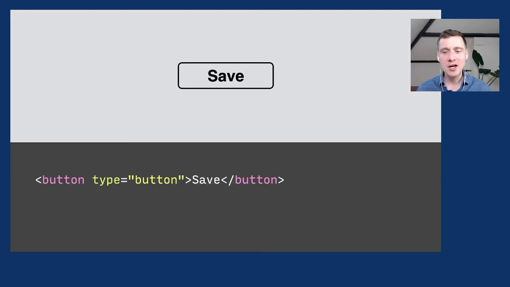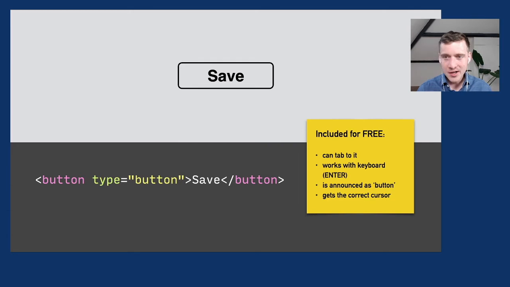Now using a button for something like save comes with a lot of benefits for free. For instance, you can tab to a button. Buttons work with keyboard, which means you can press enter and submit or activate them. They are announced as buttons by screen readers, and they get the correct cursor.